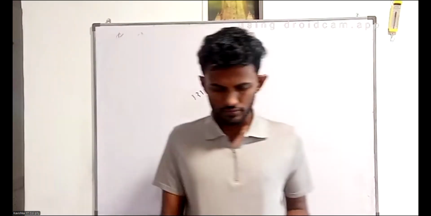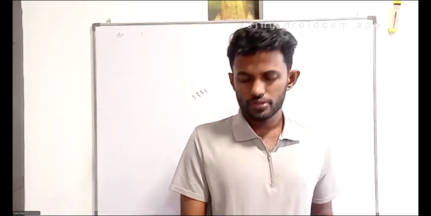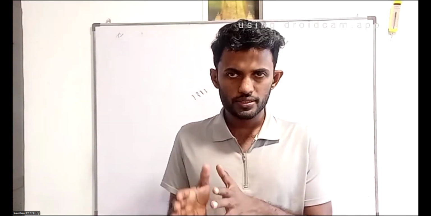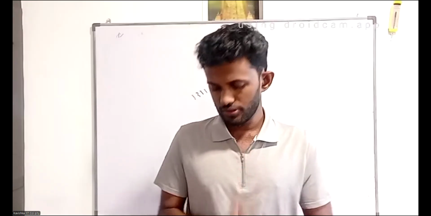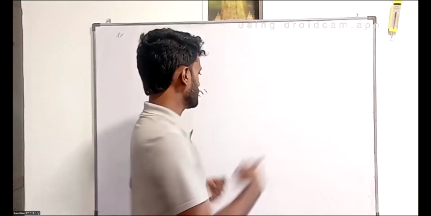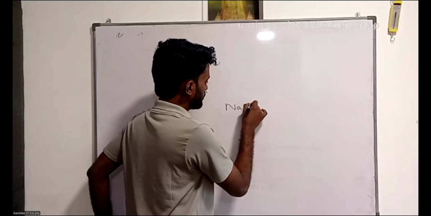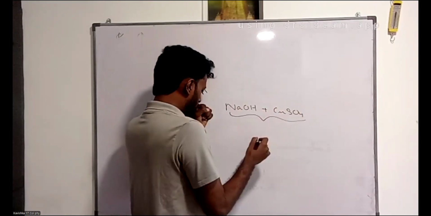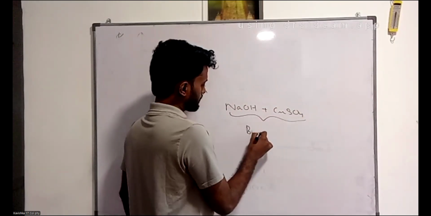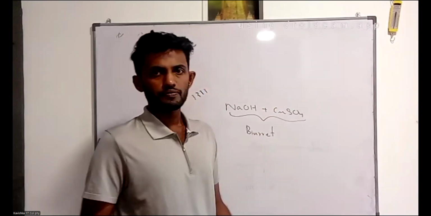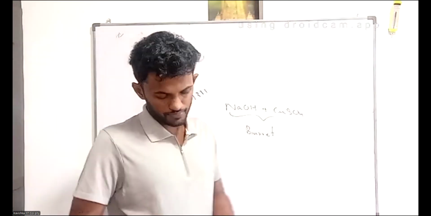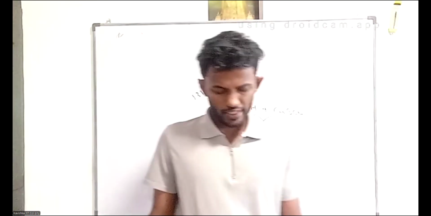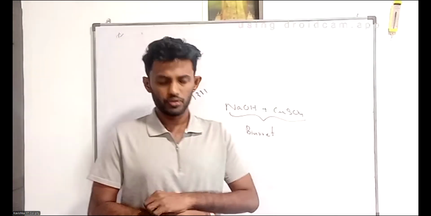So what are the two things? Sodium hydroxide plus copper sulfate. A mixture of sodium hydroxide plus copper sulfate we take as the biuret reagent. Right. And the Benedict test we use for glucose, right?